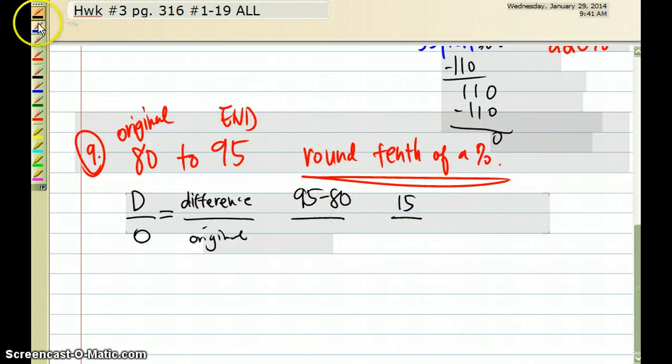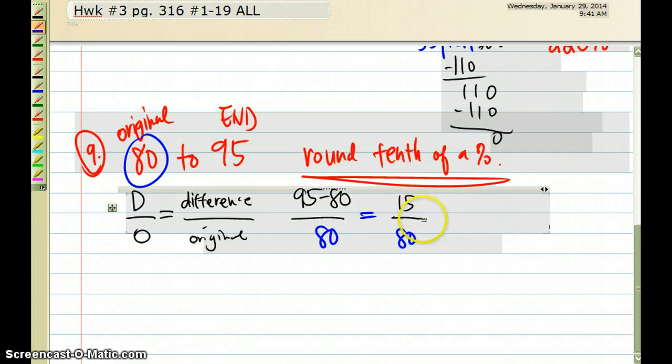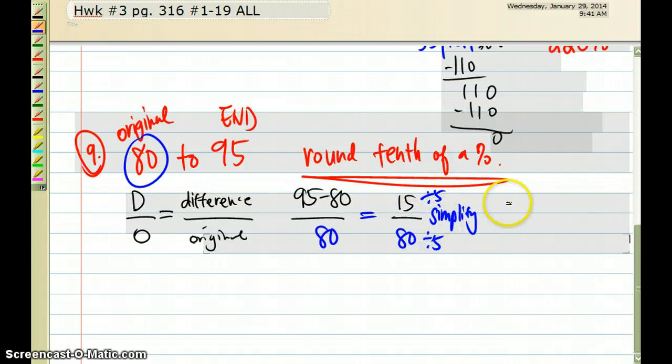Then my original amount was the 80, so I'm going to have 80. So out of the 80, I had a change of 15. So if I can, I'm going to simplify the fraction, making it a little easier to divide. I'm going to divide both by 5, giving me 3 over 16.